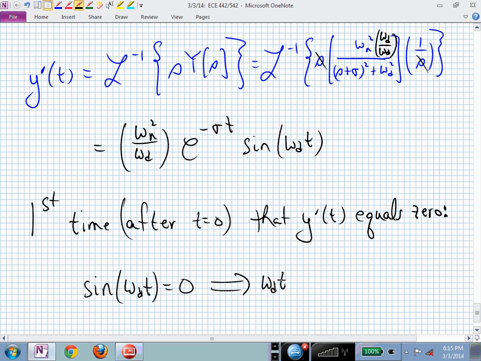What's that imply? And if I just go ahead and say I want t to solve that, make that equal to 0, that's going to be my time to peak. Let me just go ahead and subscript that here and say, okay, I'm going to call that my t sub p, omega sub d t sub p. The argument now needs to equal pi, and that will be the first time after 0 that that expression equals 0.